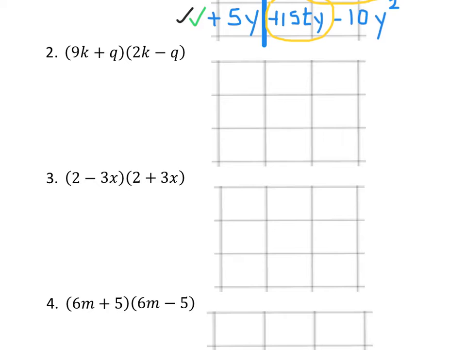So our second problem here says that we're going to take the binomial 9k plus q and multiply it times the binomial 2k minus q.